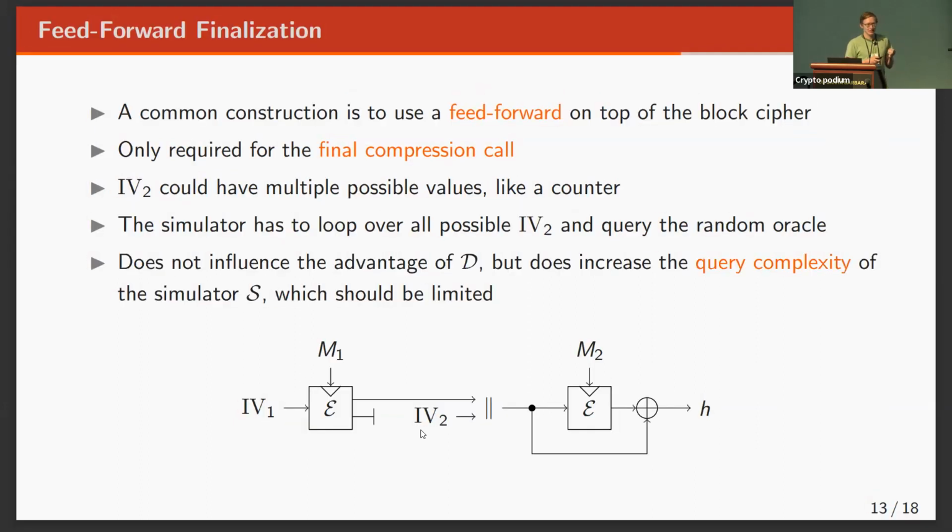And having many options does not really influence the advantage of the distinguisher D, but it does increase the query complexity of our simulator, which is a bit more subtle, but it's also something that should be limited.